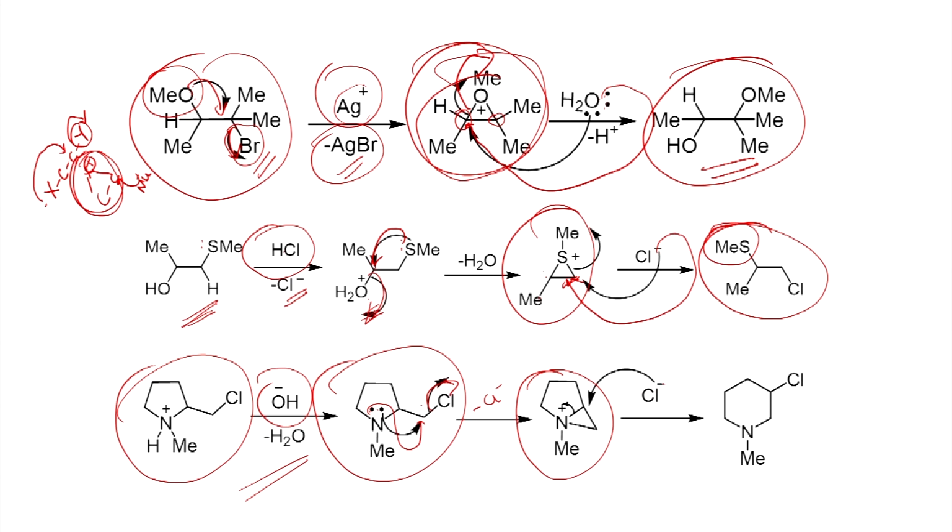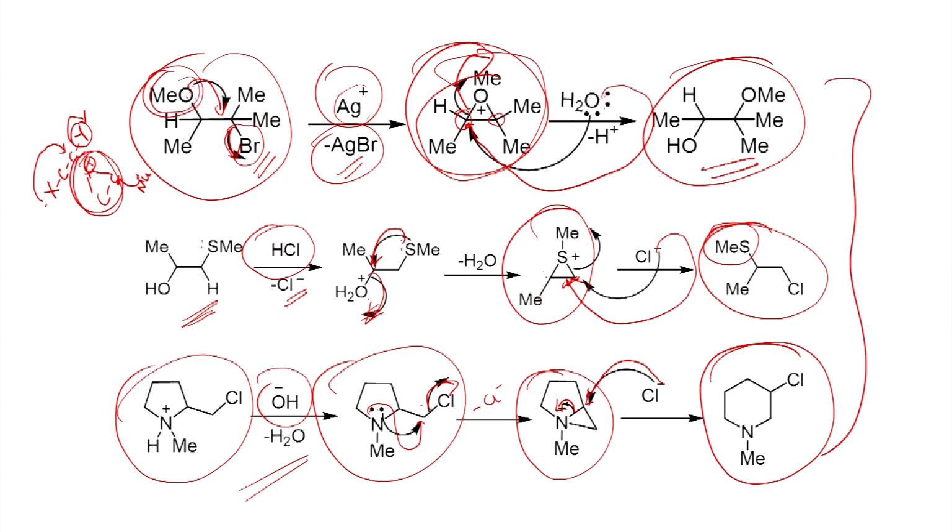Once you form this, it can act as a nucleophile, react with this carbon and open up this ring, and in this way you will form this tertiary amine derivative. If you look at all these examples, here you have oxygen, here sulfur, here nitrogen with their lone pairs. They can assist to cleave these leaving groups heterolytically. Therefore, you can generate the cation intermediate that can be further reacted with the nucleophile at the less sterically hindered carbon to give the substituted compound.